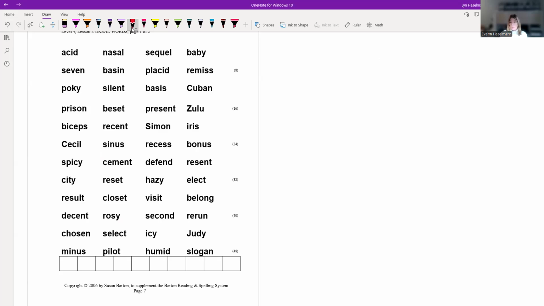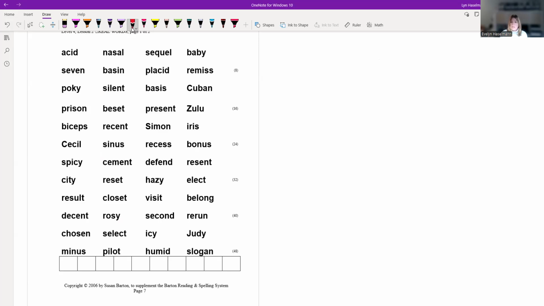This part is about control and establishing better habits that have nothing to do with guessing and using picture cues and things like that. We want your student to move beyond that. And it starts right now, and they've done all this work to build the foundation to get here.